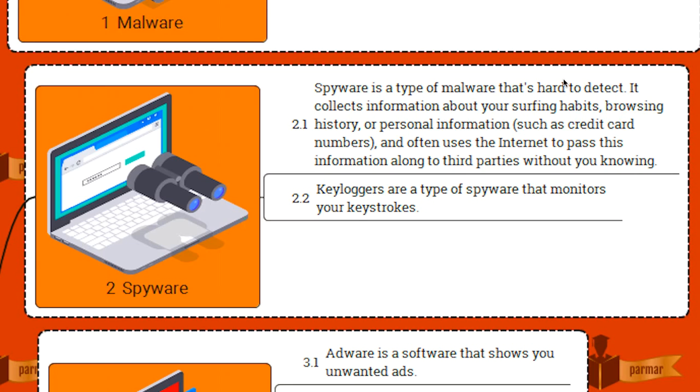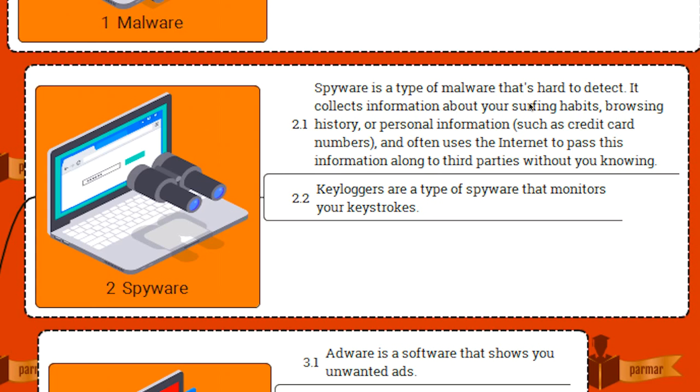Spyware is a type of malware that hackers use to spy on you in order to gain access to your personal information, banking details, or online activity. With the help of this, one can show the damage it can do and why you should protect yourself with anti-malware software. Spyware is a type of malware that is hard to detect.